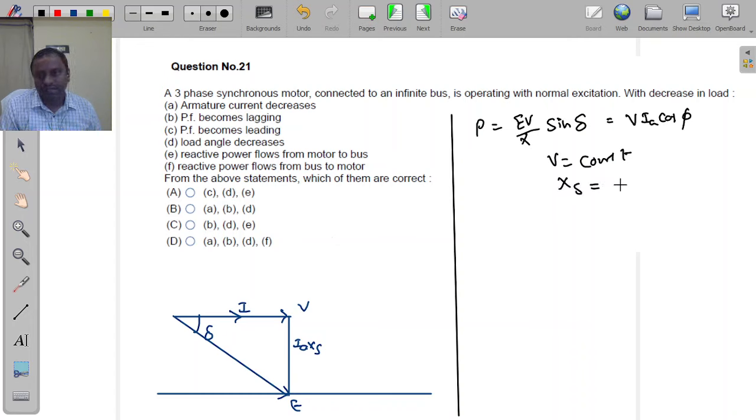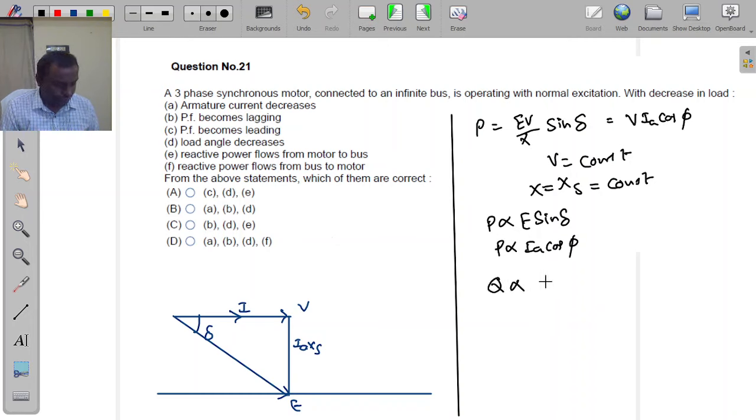Since V and X are constant, real power is proportional to E sin del. Similarly, real power is proportional to IA cos phi. And reactive power Q is proportional to IA sin phi. Now this is the initial operation of the synchronous motor at nominal excitation.